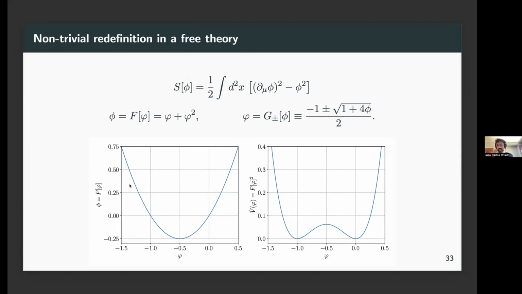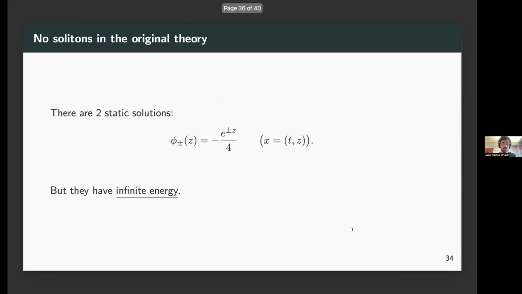And essentially the idea here is that you are changing now the potential that you have. Originally, it was just phi squared, but now it becomes a double well potential, and there can be solitons that connect one side of the double well to the other. So very briefly, solitons are static solutions with finite energy.